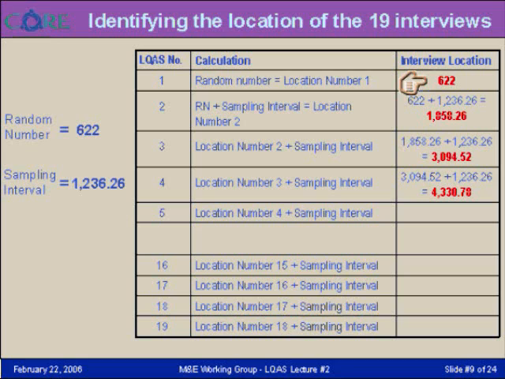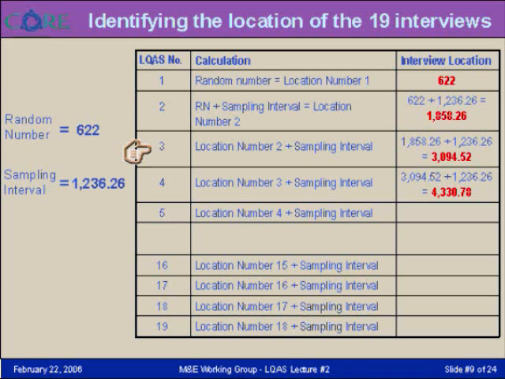The location number of the second interview is equal to the random number 622 plus the sampling interval. So for our particular example, that is 622 plus 1,236.26, which will give us a number of 1,858.26, marked here in red. So that will be our location for the second interview.